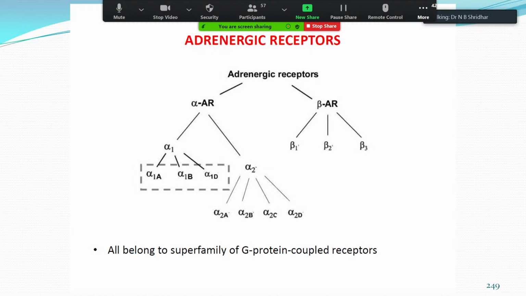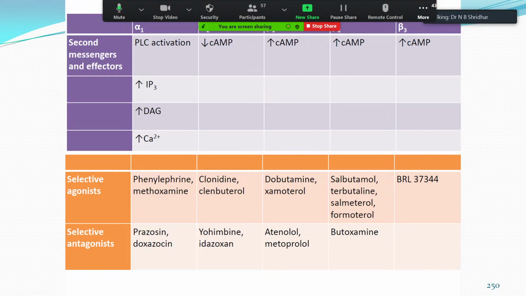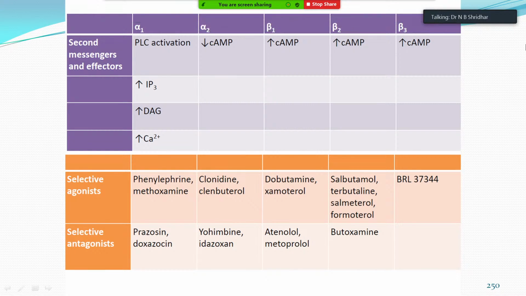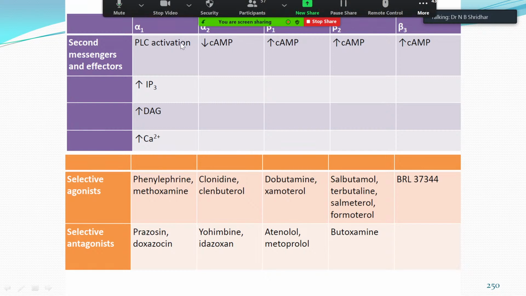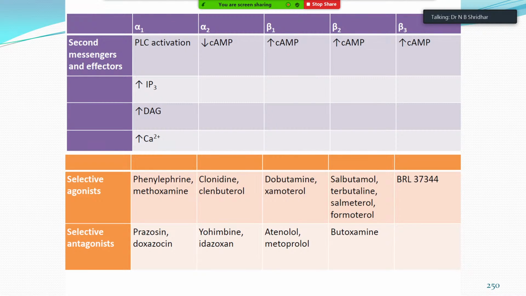Here, the subclassification of the receptors you have already learnt, and once again the second messengers which are involved in the various subtypes of the alpha receptors are phospholipase C, inositol triphosphate. This alpha 1 is excitatory. All this diacylglycerol and calcium, they are all the second messengers or the effectors.